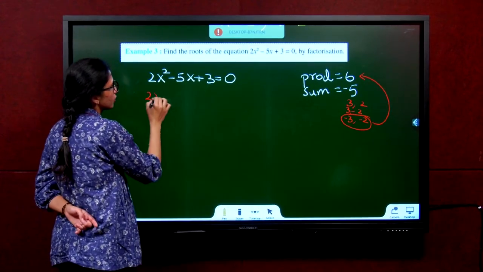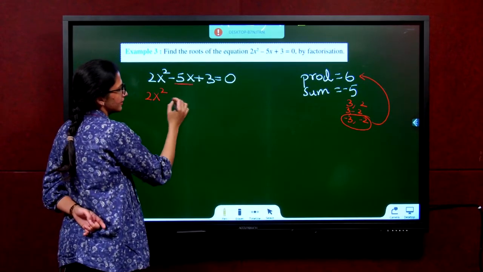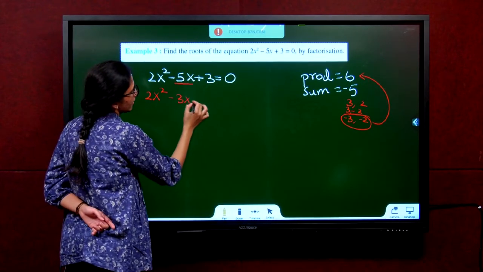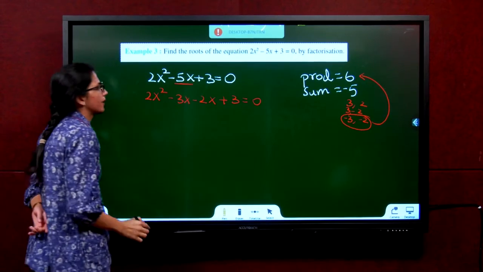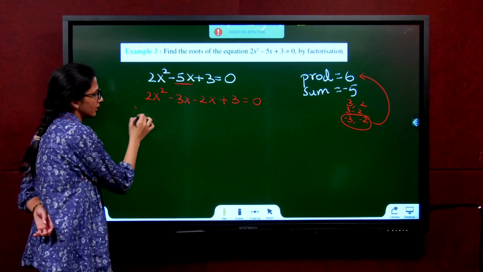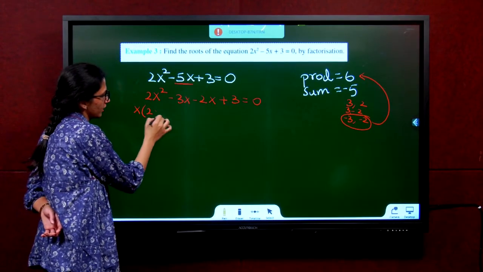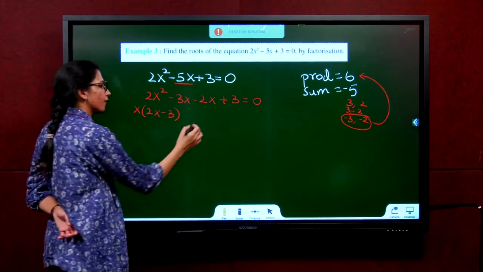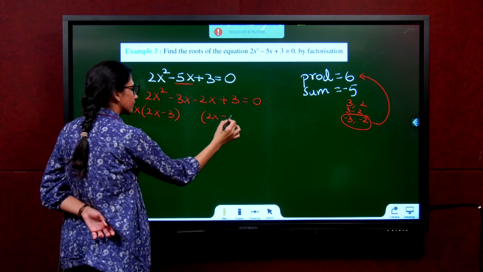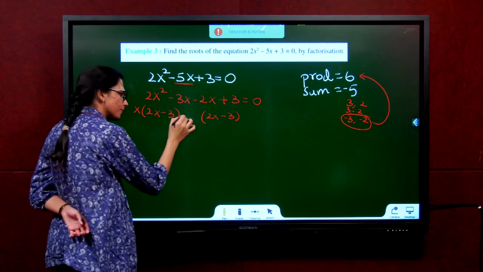So what happens here? 2x². Take the middle term and split it. Minus 3x minus 2x plus 3 equals 0. Can I take anything common here? Only x. 2x minus 3. You know for sure you have to get 2x minus 3 here. So what should be the filler number here?